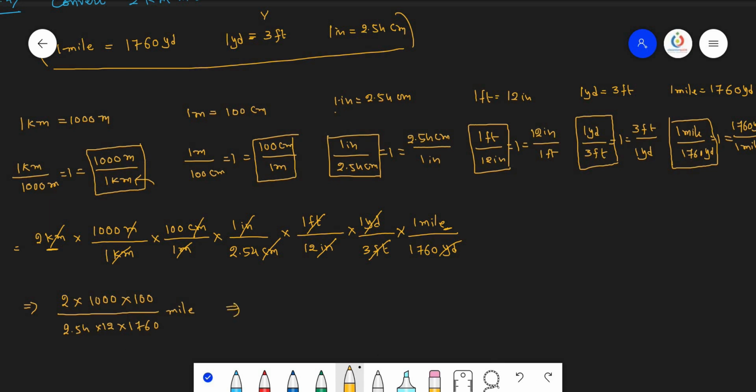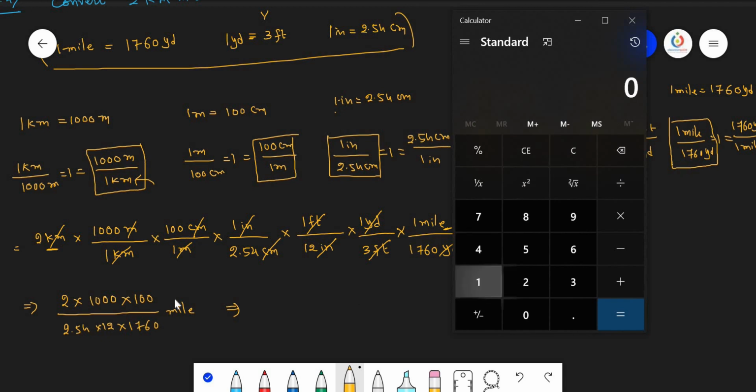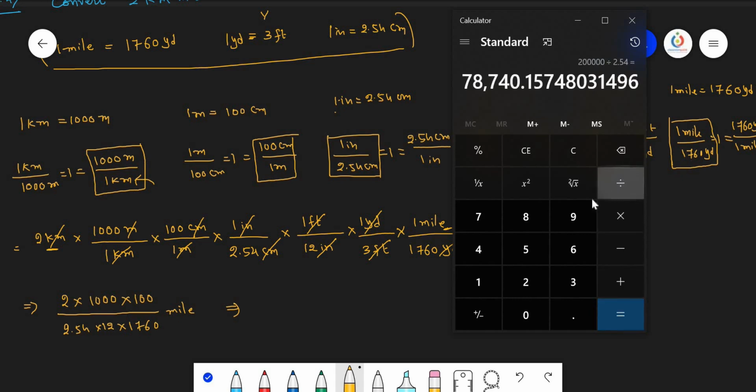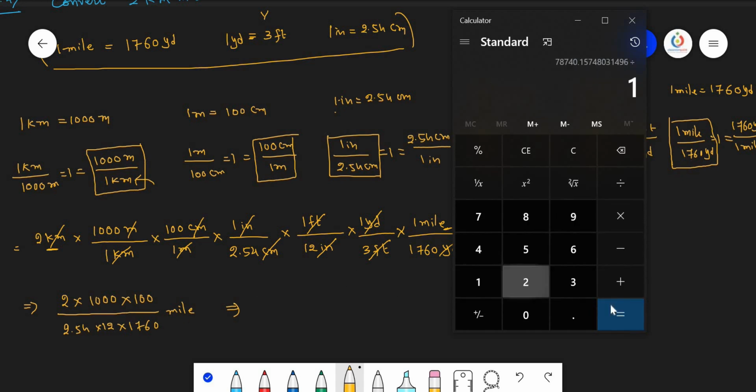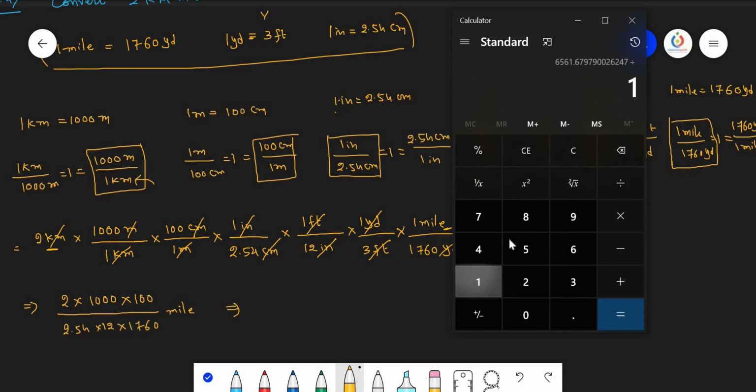So this value, let us take the help of the calculator. This is simply 2 into 1000 into 100, which is the value from the numerator, and it has to be divided by the denominator 2.54, divided by 12, and the answer has to be divided by 1760.